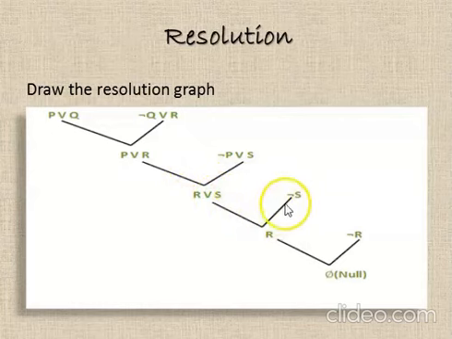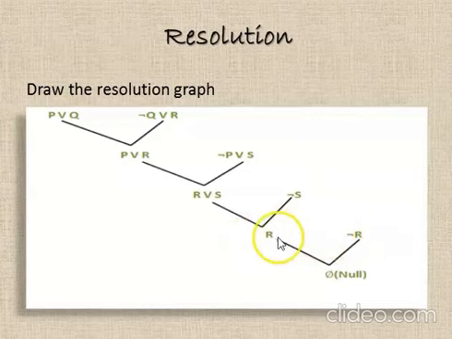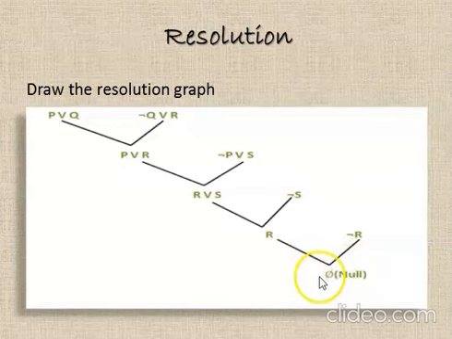Similarly, we have not S in our statement set, and this S and not S can be cancelled because they are complements, and we finally reach at R. Then this was our assumption, which is the negation of R, and these two get cancelled and we are finally left with an empty clause.